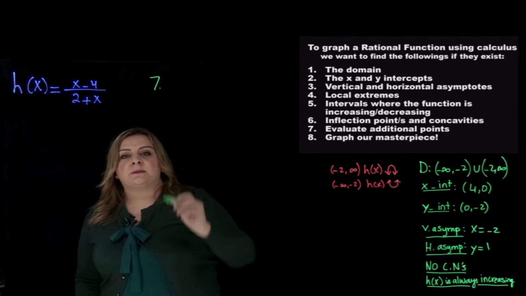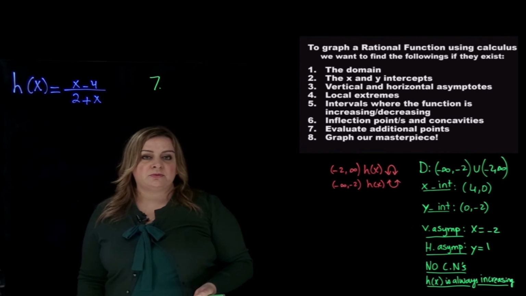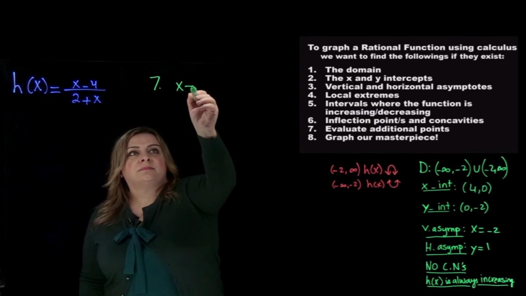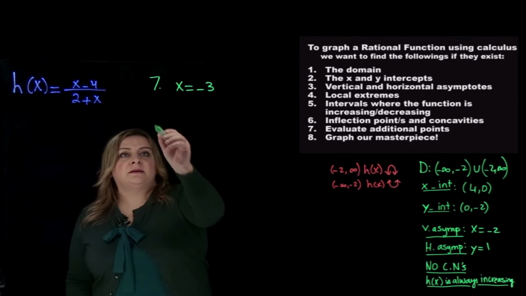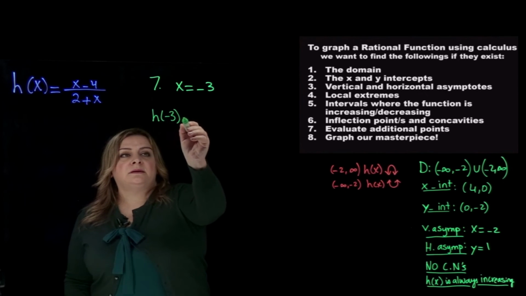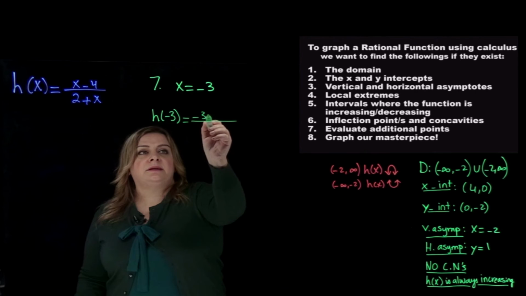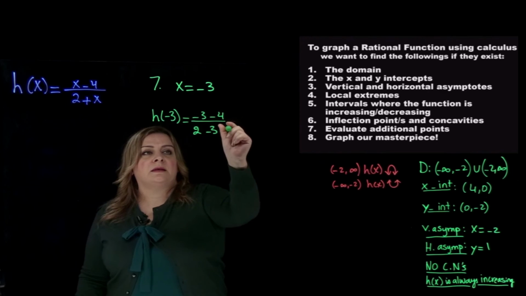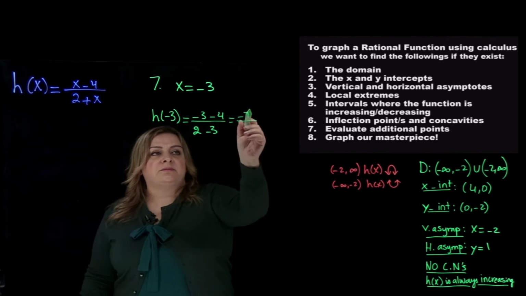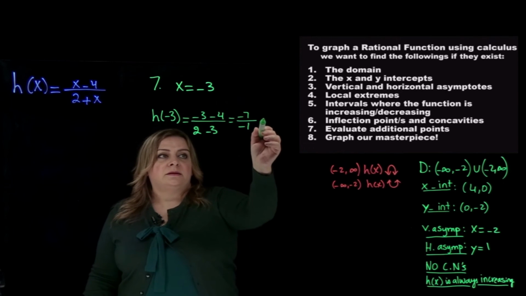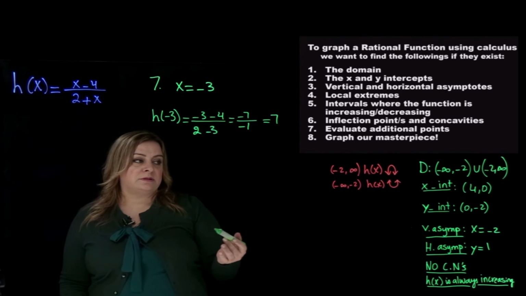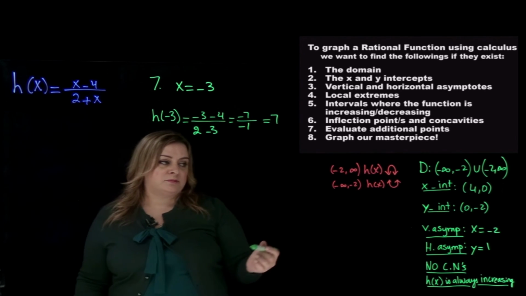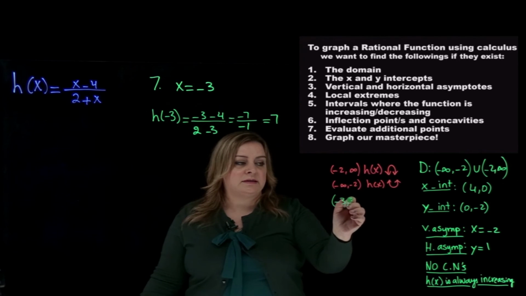We're in step 7. So if I let x equal -3 and evaluate h of x at -3, I will have h of -3 equals -3 minus 4 over 2 minus 3. And that should give me -7 over -1, which is +7. I want to add the point I found to my data, and I will have -3, 7.